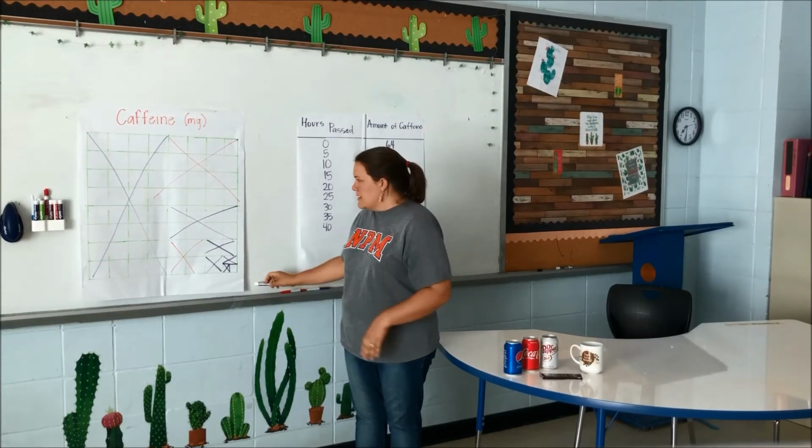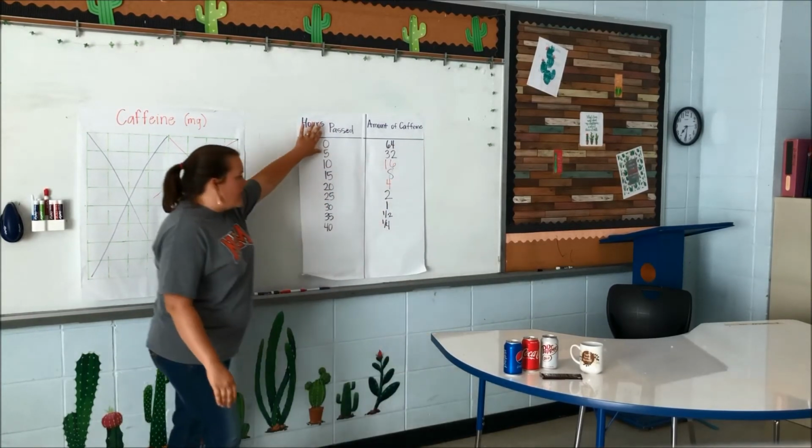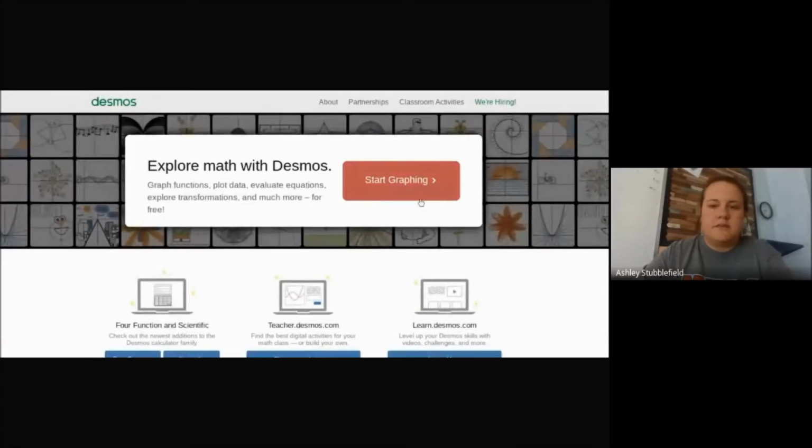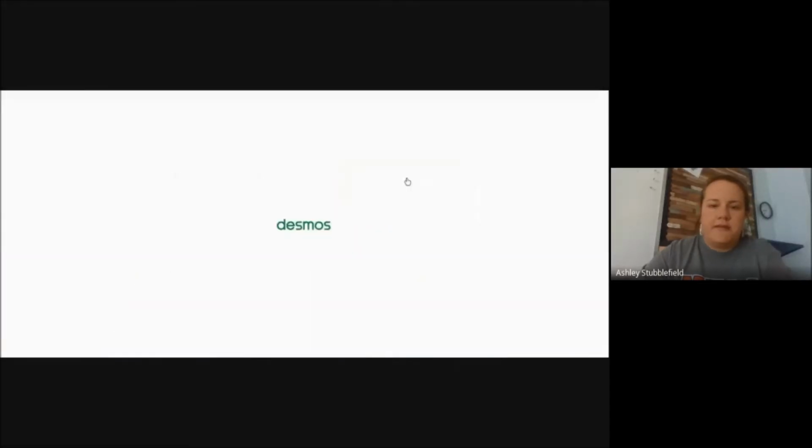Okay? So let's graph our data and see what it looks like. Okay, so let's go to Desmos.com and see what our graph looks like. So I'm going to click Start Graphing.